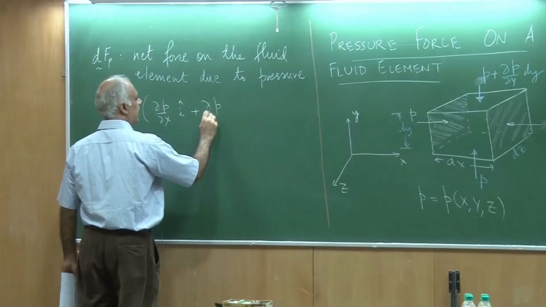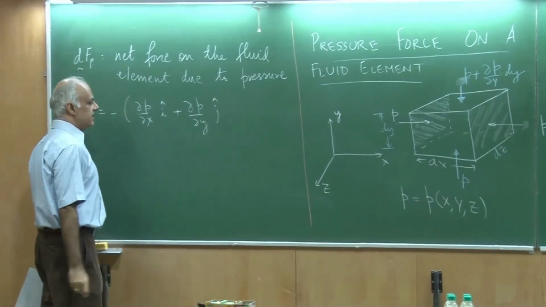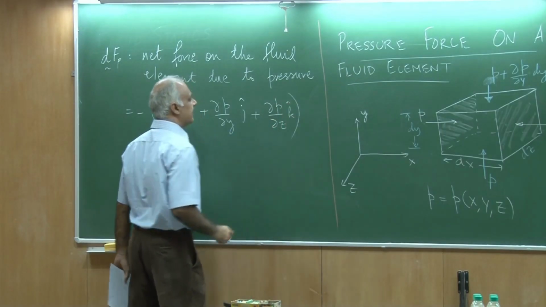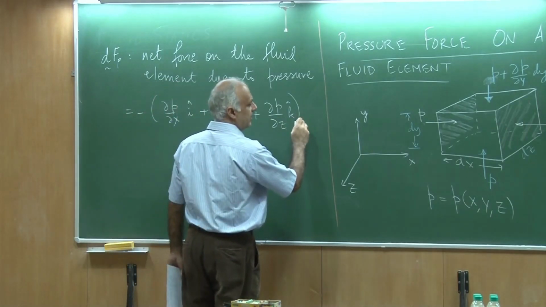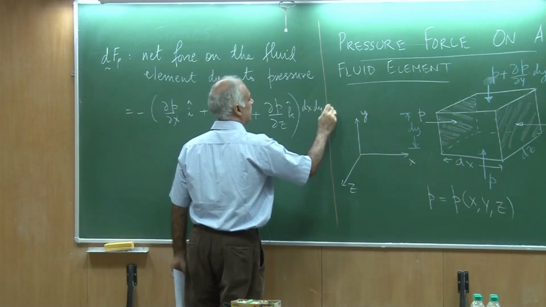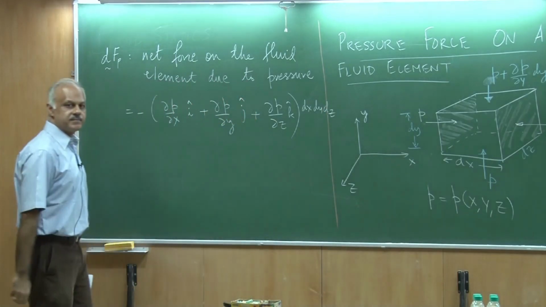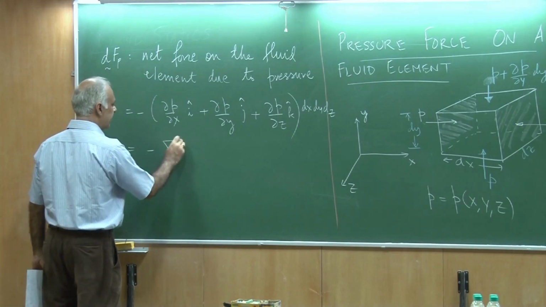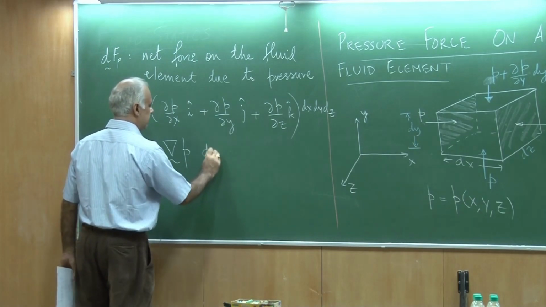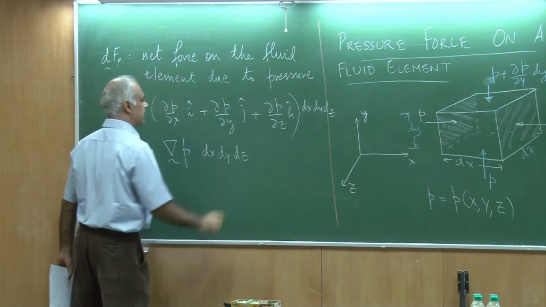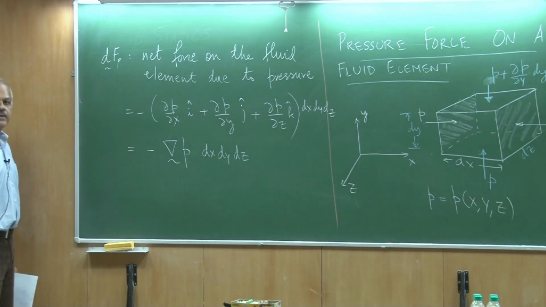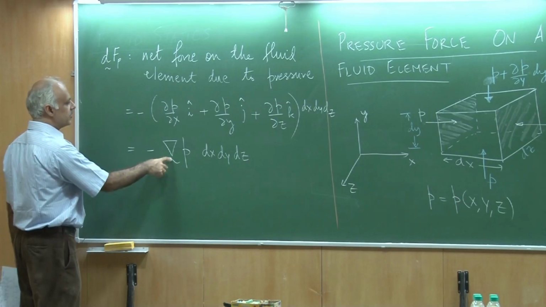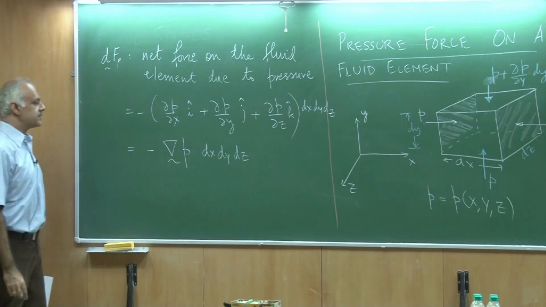Similarly, del P by del y in the j direction, and del P by del z in the k direction, times this dx dy dz. Okay. I could in fact write it as minus gradient of P dx dy dz. Okay. So, this is a very compact notation where I have already shown you what is meant by the gradient operator. It has 3 components which are listed over here.